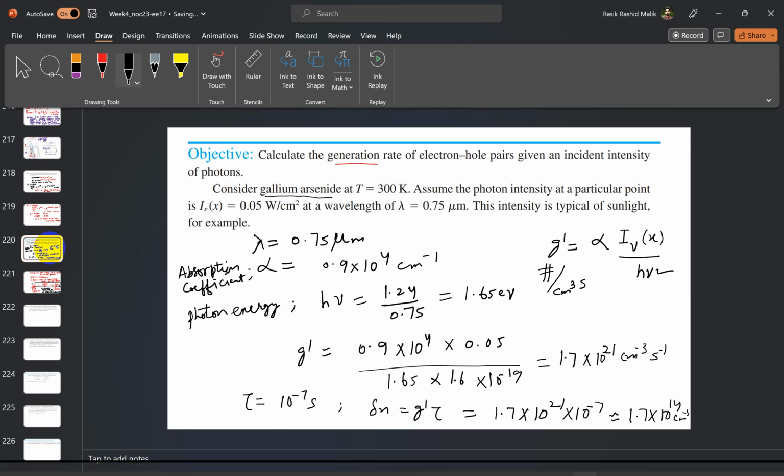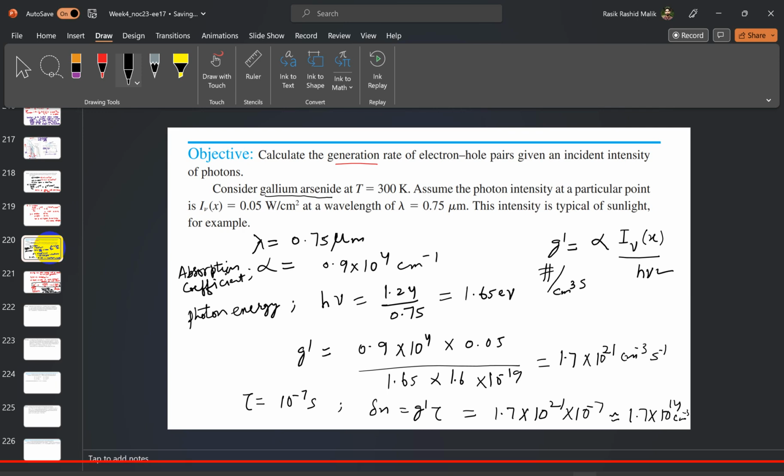So this example gives us an indication of the magnitude of the electron hole pair generation rate, and the magnitude of excess carrier concentration that we can have when the photons are absorbed.